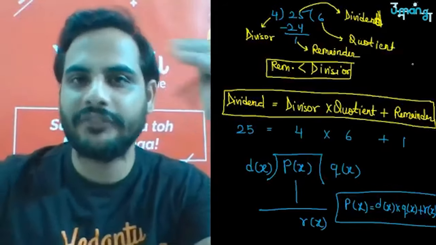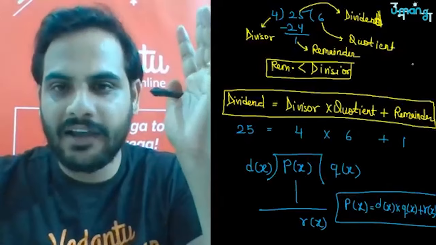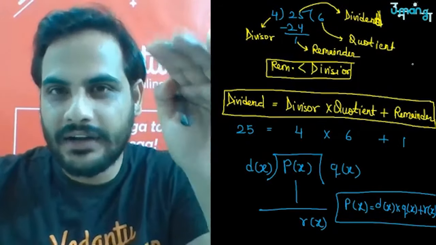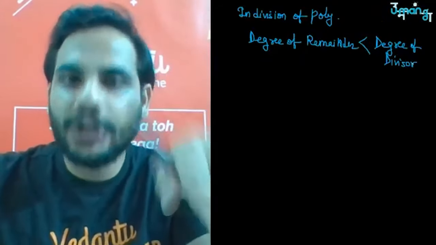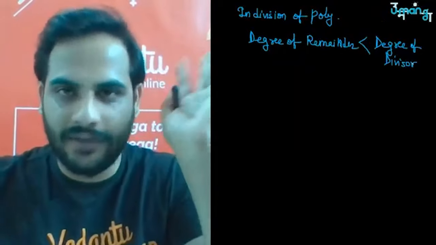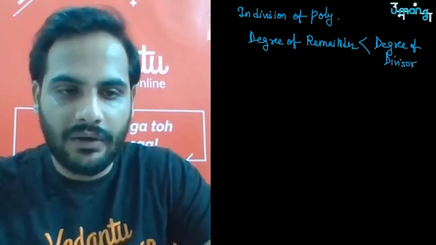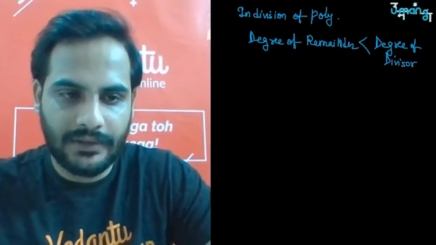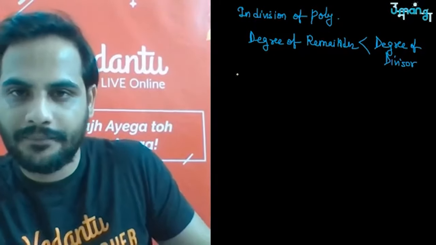So in the division of numbers, the remainder is less than the divisor. In the division of polynomials, the degree of the remainder is less than the degree of the divisor. Got it? So now let us start the remainder theorem.